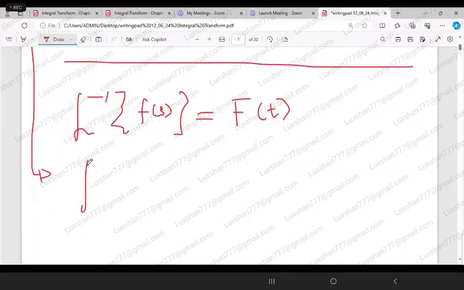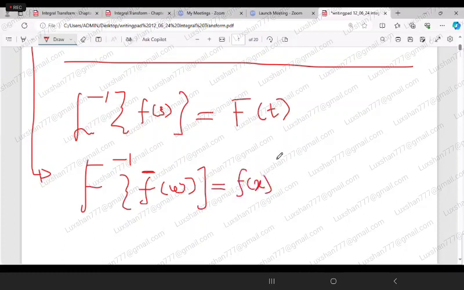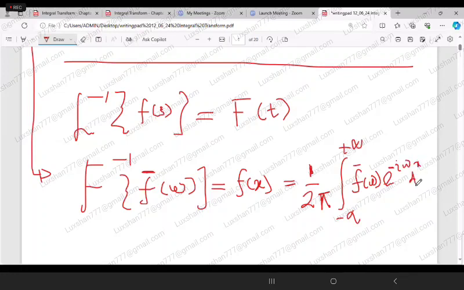So inverse Fourier transform of the function f bar omega, which will be equal to our original function f(x), which is defined as 1 over 2 pi integration minus infinity to plus infinity f bar omega into e to the power minus i omega x into d omega.